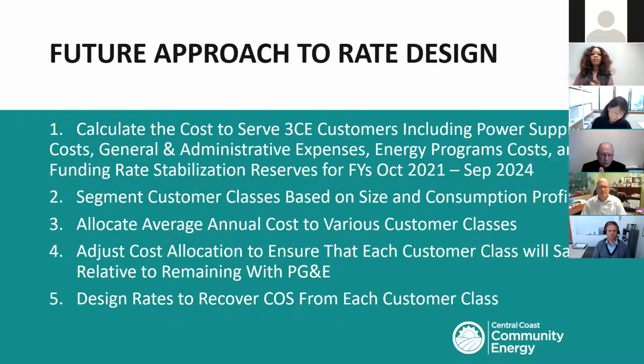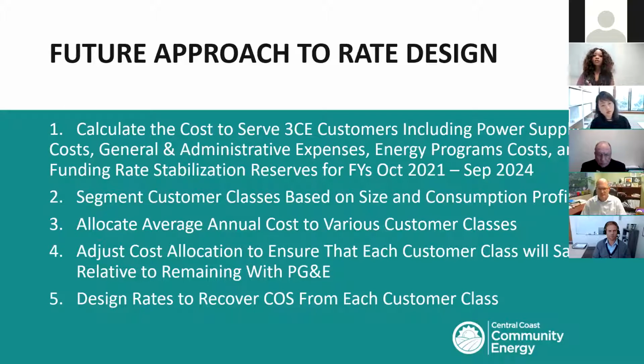But we also looked at segmenting each customer class based on size and consumption profile. So to do that analysis and comparison so that we could allocate the average annual cost to serve those various customer classes, instead of making it the same discount over every single class, we actually use the same criteria to evaluate the cost to serve the customer.